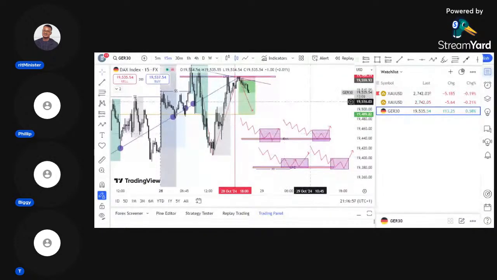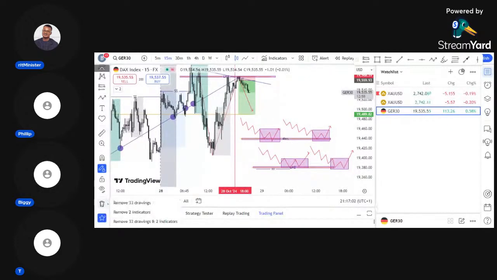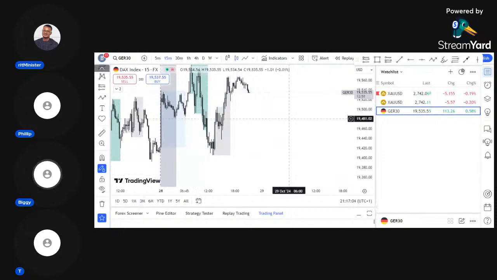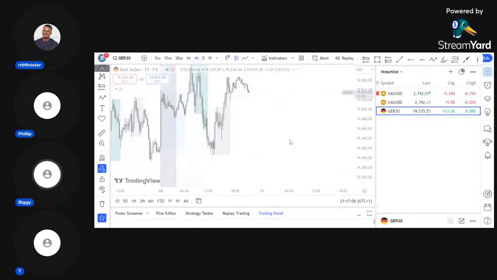So let me go ahead and clear my chart and just show you guys the difference between the LMZ zone and the 4 hour zone, the way I use them.